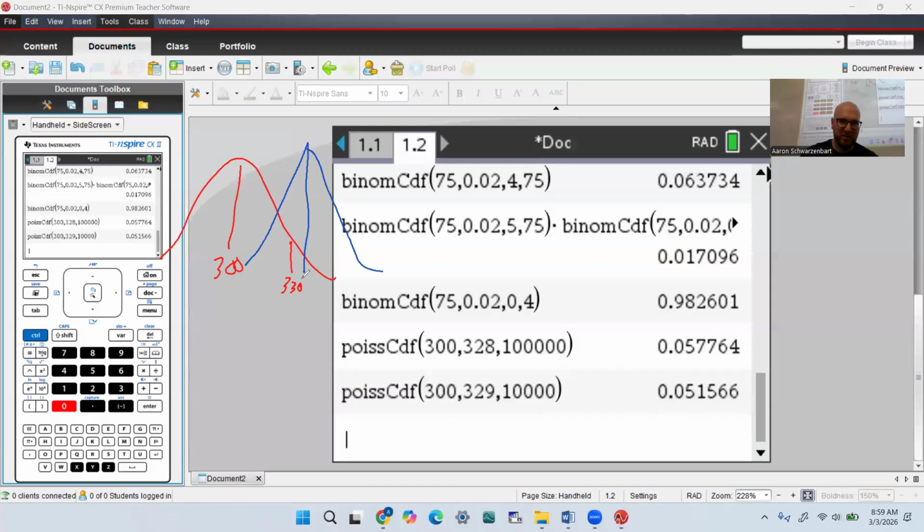My type 2 error, this is 335. I'm trying to find the probability of being in here. Does that make sense? So these drawings can really help.